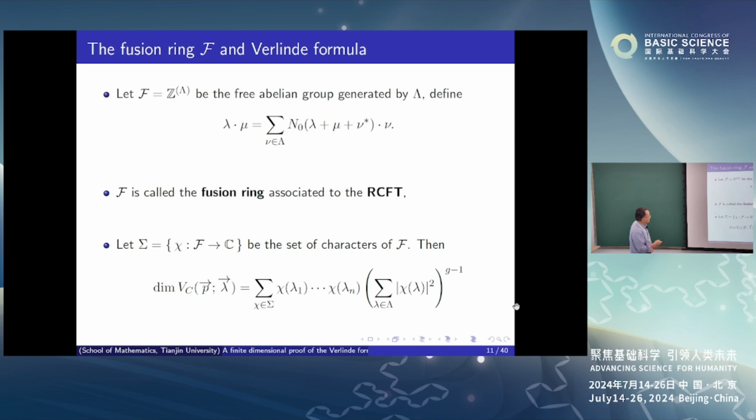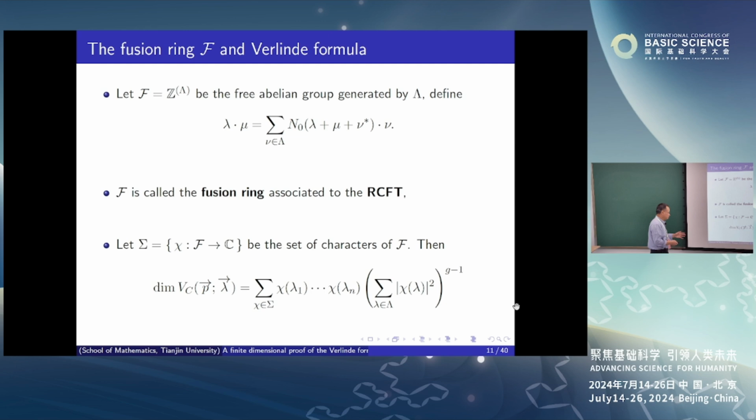Now using this fusion rule, you can define a fusion ring. Let's say for a finite set, you take the free abelian group. Then you can use these numbers to define the product. So anyway, you get a ring. Once you have this, you get such a fusion ring.